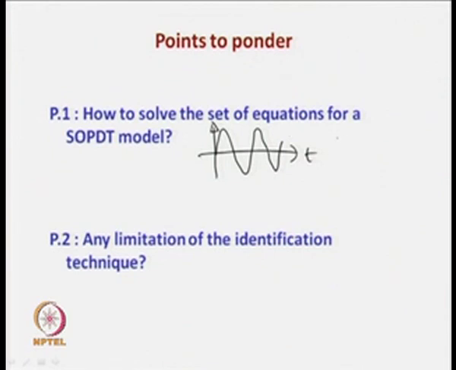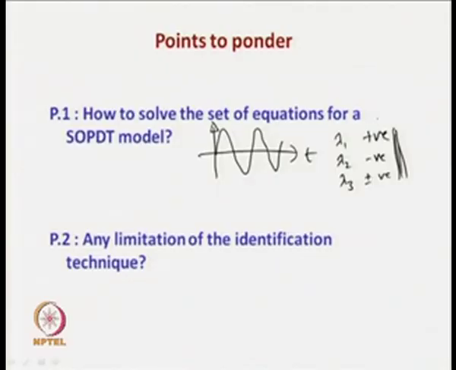So, assume lambda 1 as positive, lambda 2 as negative and lambda 3 as either positive or negative, and solve the equations. If you are not getting proper solutions, if the solutions are not realistic, in that case next you choose lambda 1 to be negative. So, this is one way one has to solve the set of nonlinear equations to identify the unknowns associated with the second order plus dead time transfer function model.